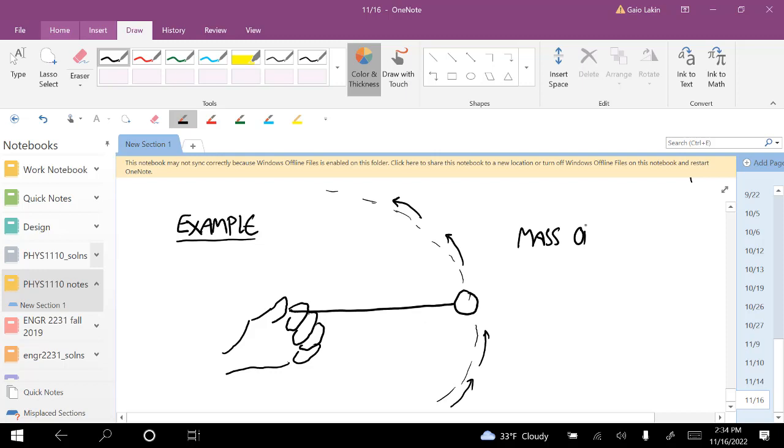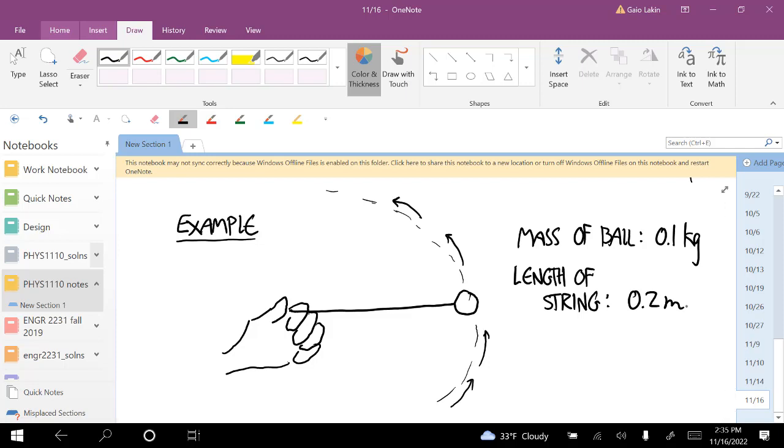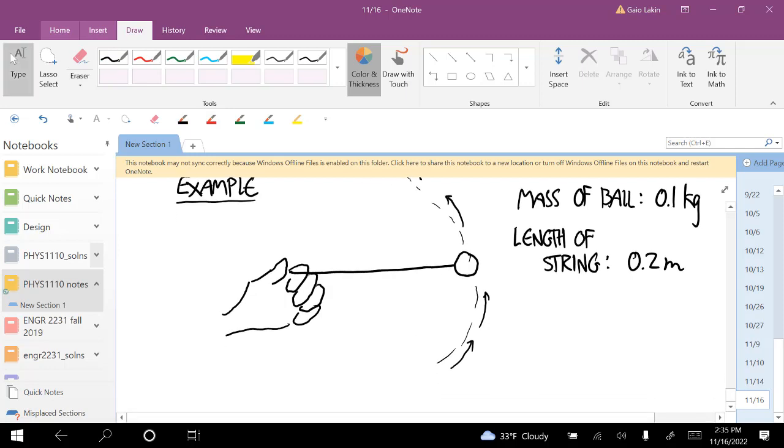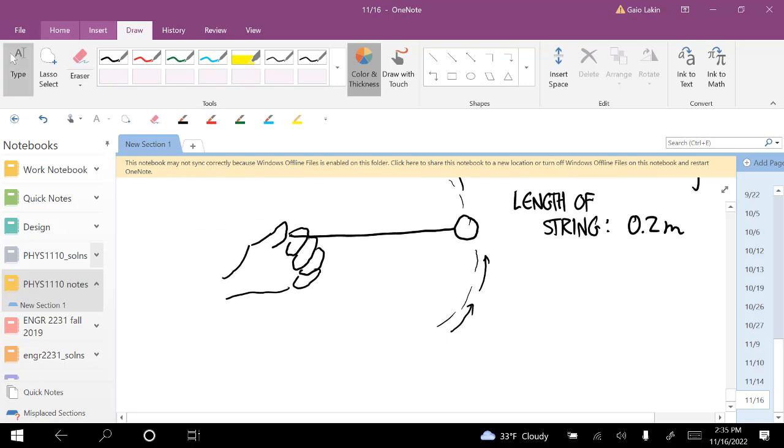And let's say that the mass of the ball is 0.1 kilograms. And the length of the string is 0.2 meters. And let's calculate two things.